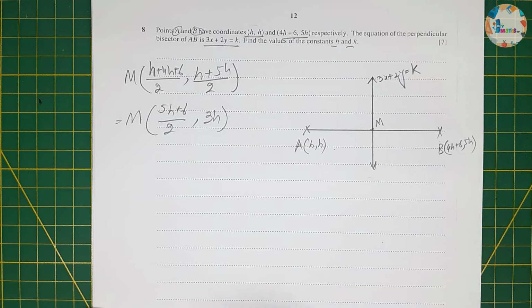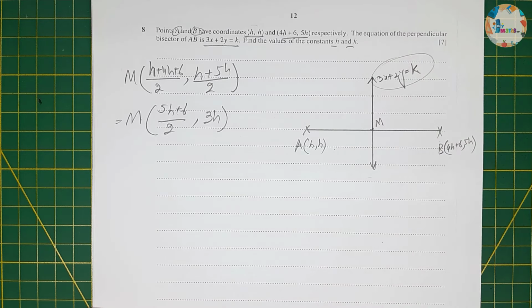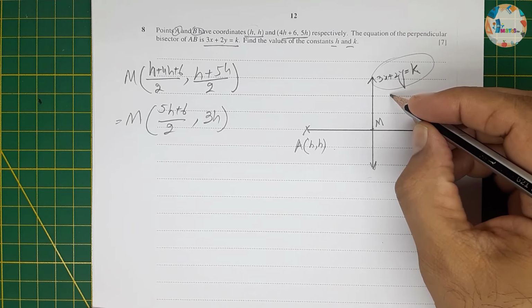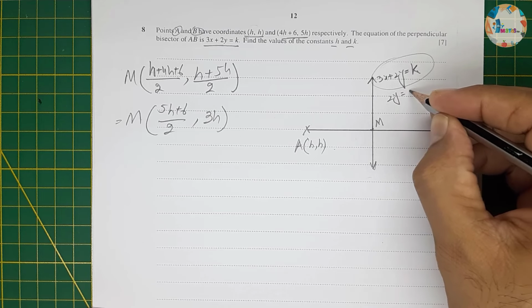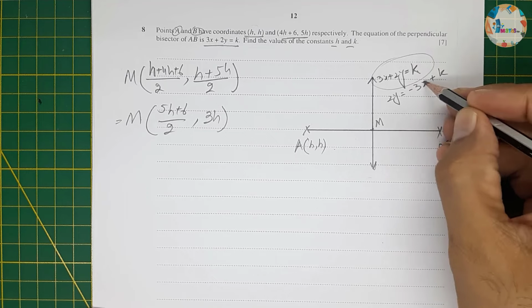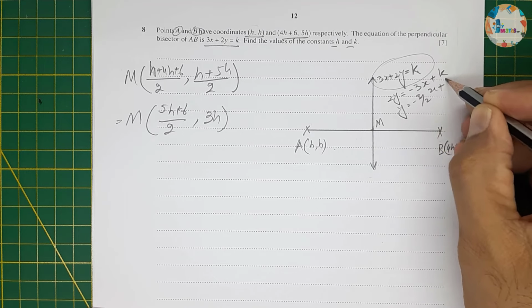Now this equation we can write in y is equal to mx plus c format, and that will be 2y is equal to minus 3x plus k, and 2 also we can shift, so y is equal to minus 3 by 2 x plus k by 2.